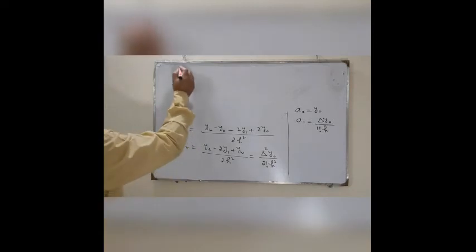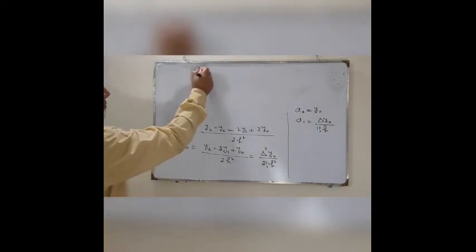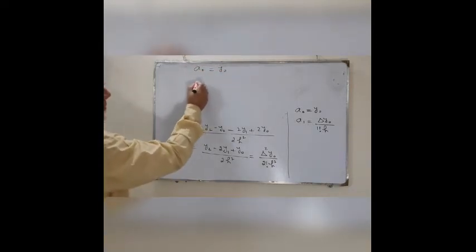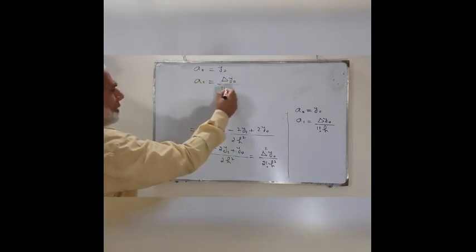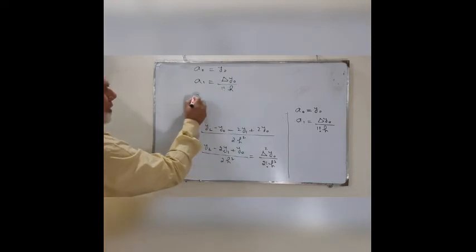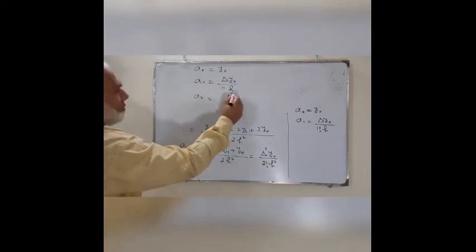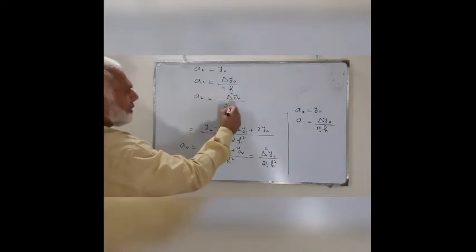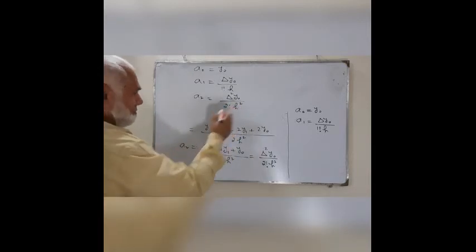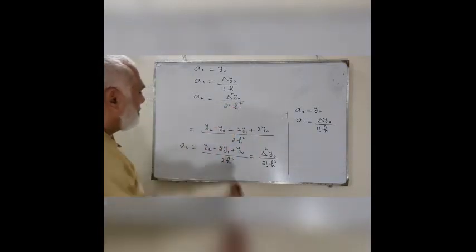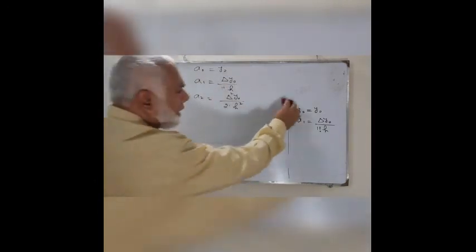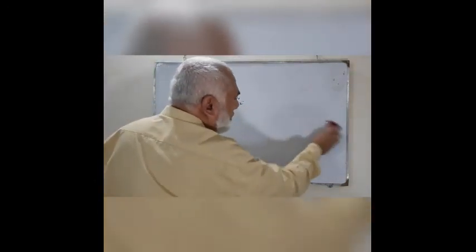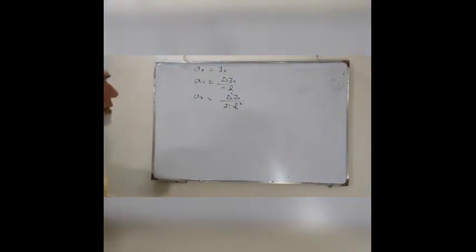So the result can be written as, if I write down once again here, A0 is equal to Y0, A1 is equal to del Y0 over 1 factorial times H, A2 is equal to del 2Y0 over 2 factorial times H square. And looking at this pattern, we can write down the next result on the same pattern.